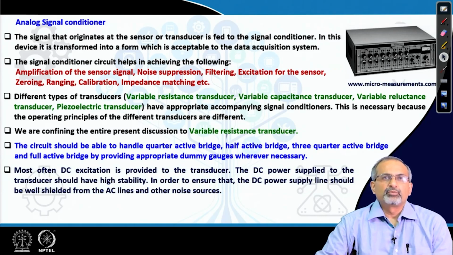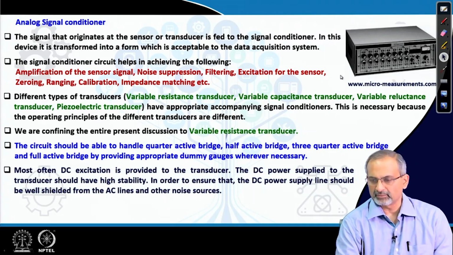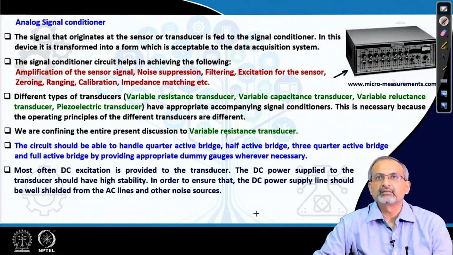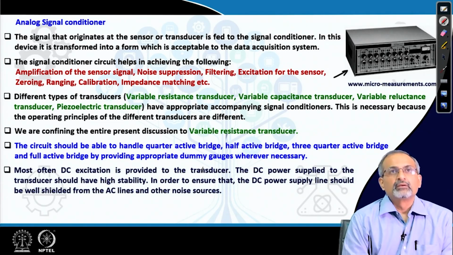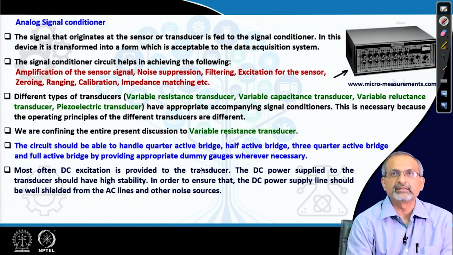The next very important entity in a data acquisition system would be an analog signal conditioner. Here, for example, we are showing a picture of a typical analog signal conditioner with 8 channels or so, and the signal that originates at the sensor or transducer is to be fed to this unit, which is the signal conditioner.